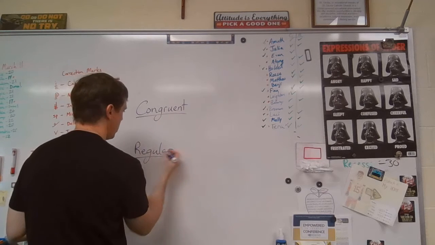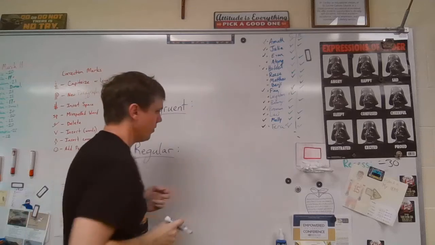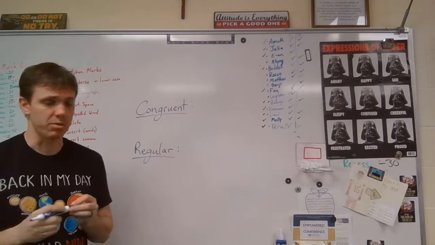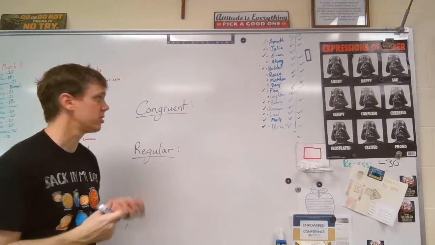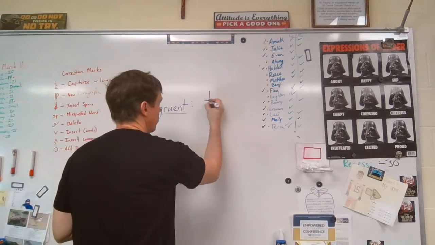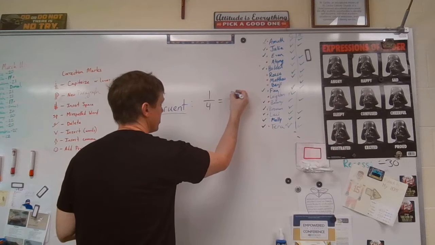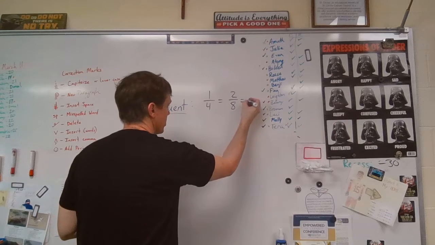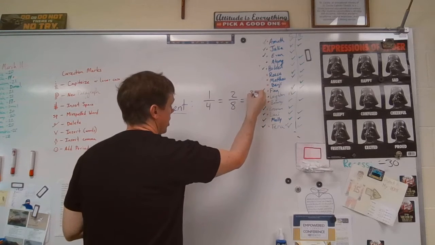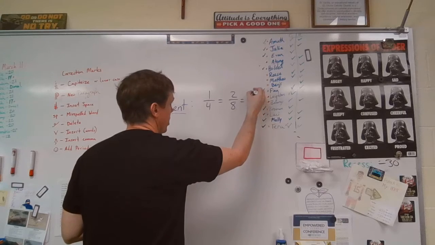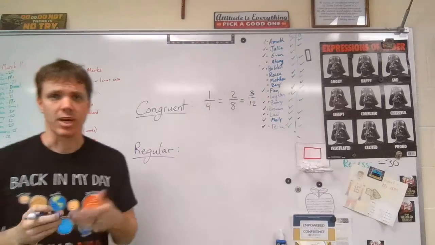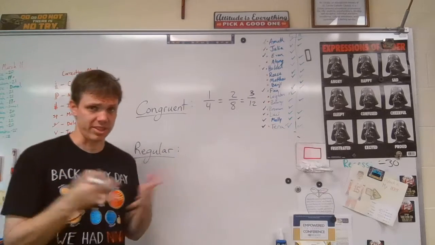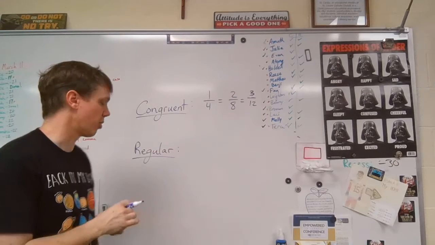Now, we have talked about congruent before, particularly when we were talking about fractions. For instance, 1/4 is equal to 2/8, which is equal to 3/12, right? All of these are congruent fractions. Okay, they're equal to each other. They're the same, really. It's just they're in different forms.